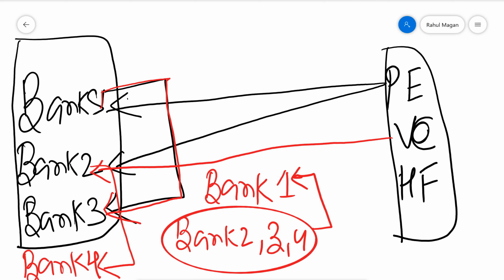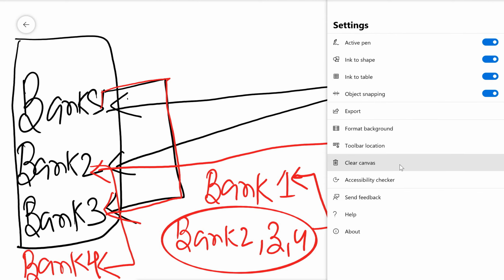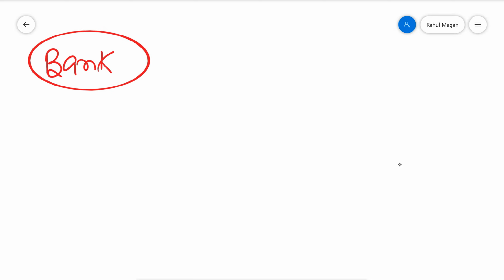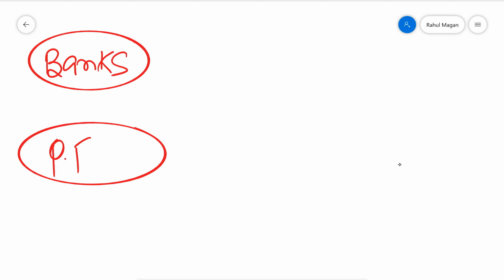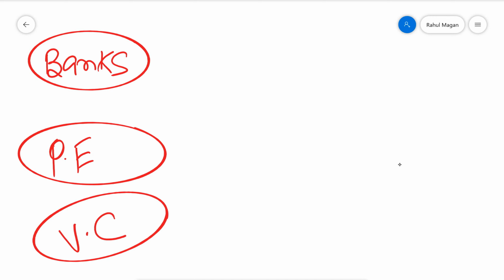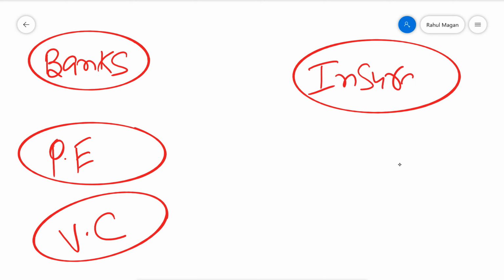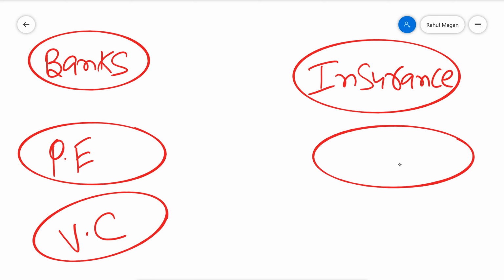And you know guys, how the mess started? The mess started when banks, private equity, venture capitalists, insurance and mutual funds got involved.